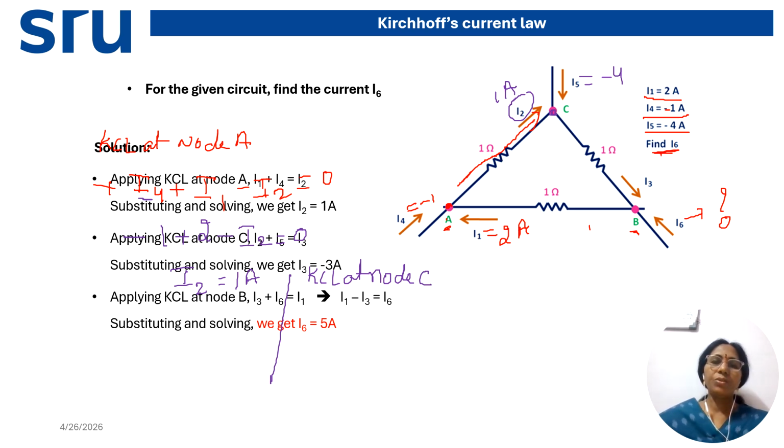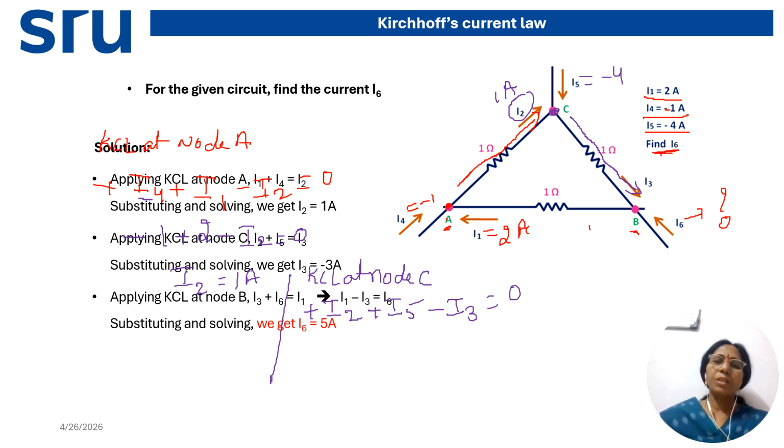Now I2 is towards the node, so that's why I am writing plus I2, and this I5 current is also towards the node, that's why plus I5, and this I3 current, you have to extend this I3 current. It is leaving node C, means minus I3 equals to 0.